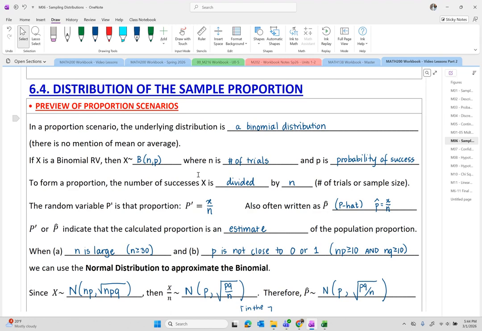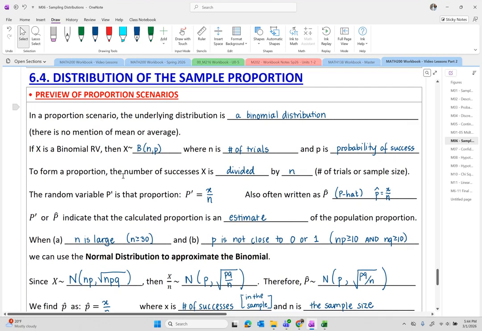So, in a proportion scenario, the underlying distribution is a binomial distribution, and we will not be using the mean or the average of the sample. We will just be calculating the proportion of the observational units in the sample that satisfy a question, a condition, and then the rest of them will be considered the failure.